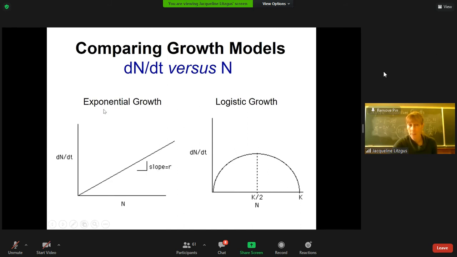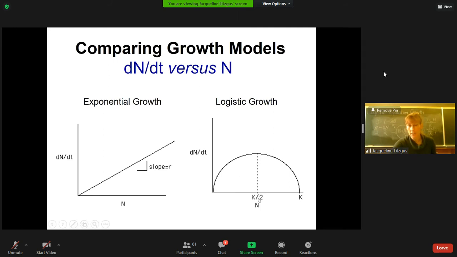Remembering that in exponential growth, r is a single constant value. It does not change. It's the slope of this line, y equals mx plus b. So the per capita growth rate is represented by this positive slope, a single value because it's constant. Birth rates and death rates are not changing in the exponential model.